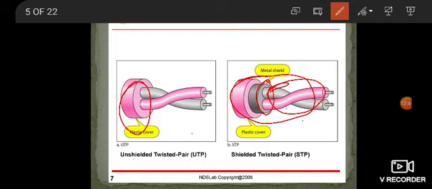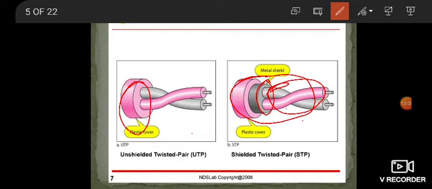Like this, not only cat 5e, we also have cat 6 and cat 7. Nowadays we also have cat 8. So based on the application, based on the speed of the data rate, that can be used for our application.